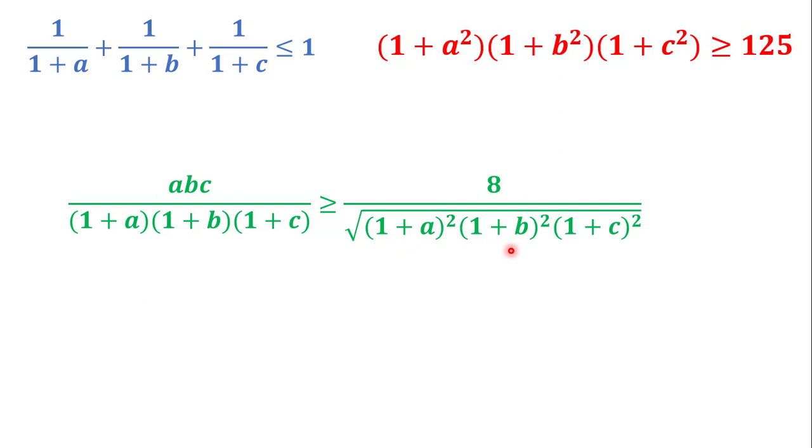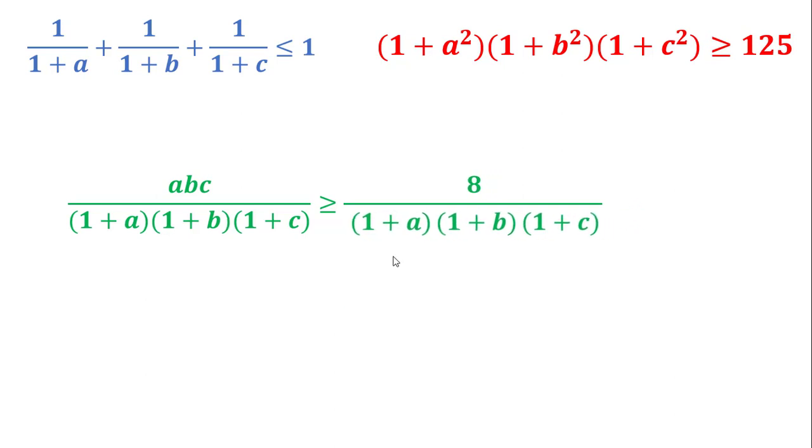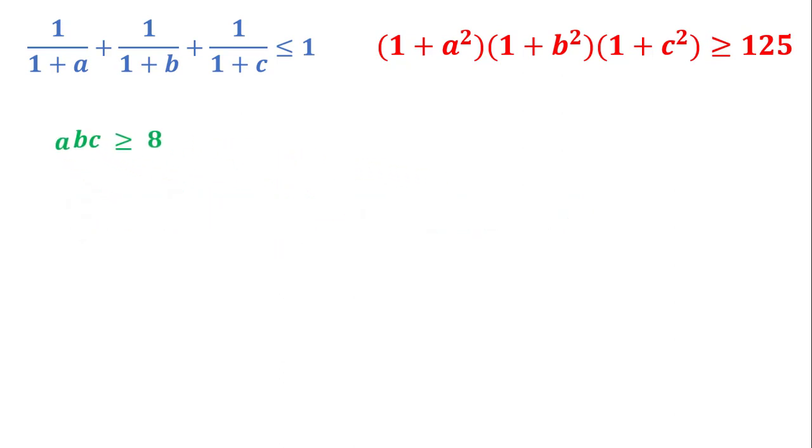Also 1 plus b and 1 plus c come out from the radical, and we're going to get 8 over 1 plus a times 1 plus b times 1 plus c. By multiplying both sides of this inequality by 1 plus a, 1 plus b, and 1 plus c, we're going to get abc is greater than or equal to 8.